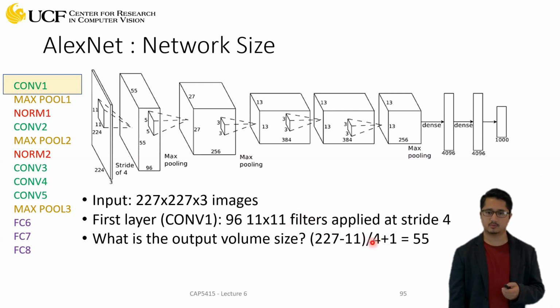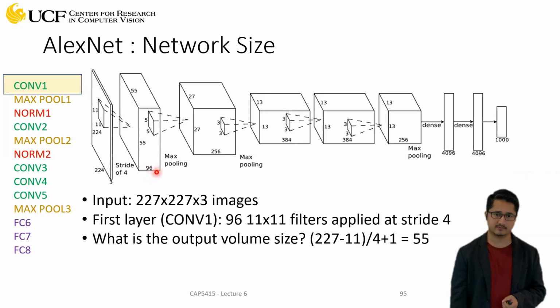Now, if you use the formula which we already know, you can just put it there, and that will give you the number 55, and that's why you have a 55 cross 55 resolution of the output activation map. And the third number, the depth of the activation map, is 96. This 96, as you know, is coming from the number of kernels we have. So we have 96 different kernels, which means we will get 96 of these activation maps.